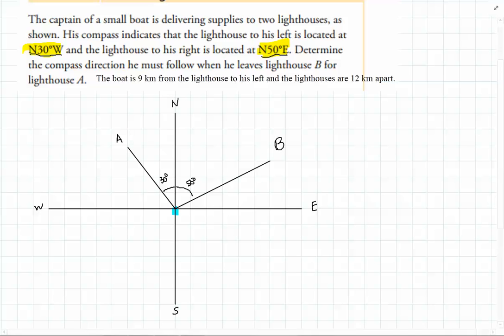Let's connect these 2 lighthouses up so that we can see our triangle, and we can see that this whole angle here is 80 degrees. And if we think about it, we know that north, south, this angle here is 90. And that makes, because we've got 50 above, this is 40 down here.